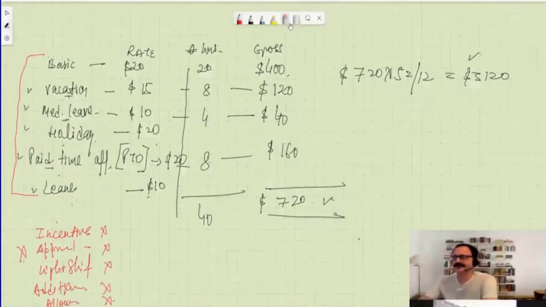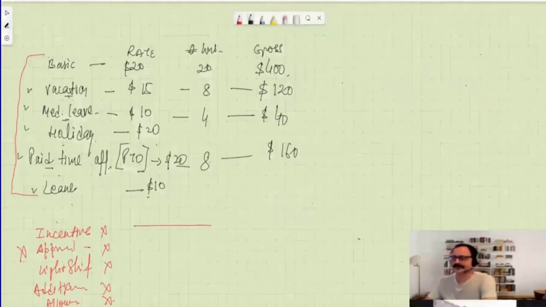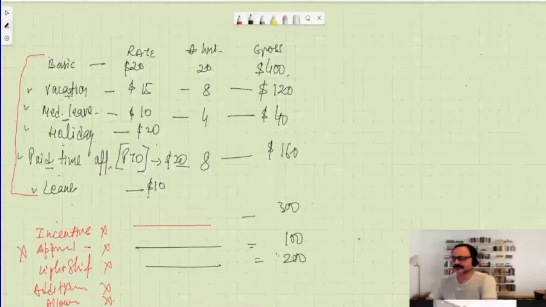In the similar way, let's say the borrower has been paid, in this pay stub only, also for incentive, no hours, but $300 incentive. He's also an apprentice, so he earned almost $100 there for this. He also worked in the night shift, so he also earned an additional $200 from the night shift. Additional was nothing, 0.